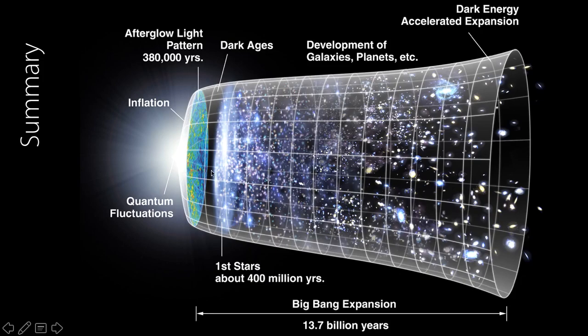Then there was the Dark Ages, because this time was when the neutral hydrogen could be created, and helium, and the first stars were formed about 400 million years, which is about the age of that galaxy we just saw. That galaxy was very much formed from those population-free primeval stars.